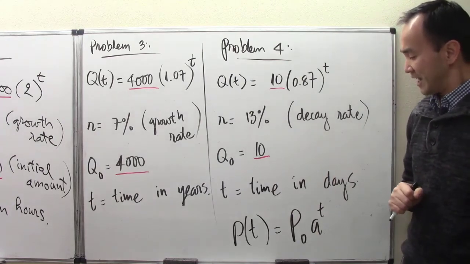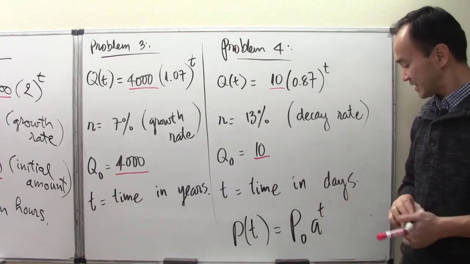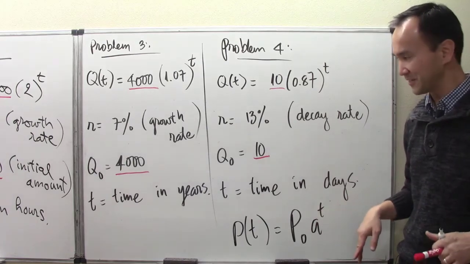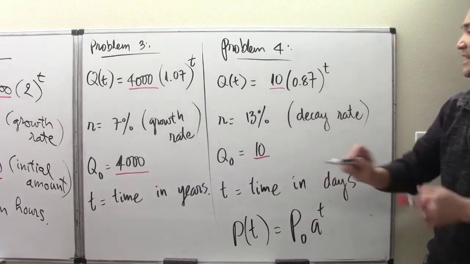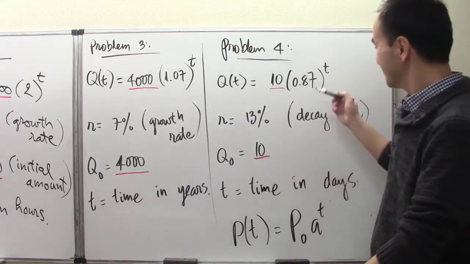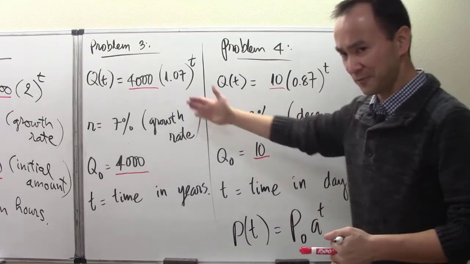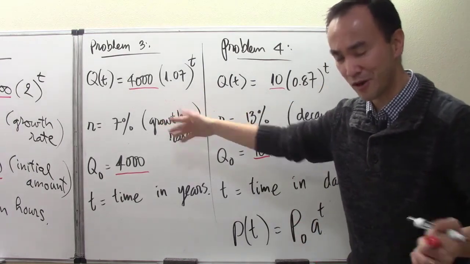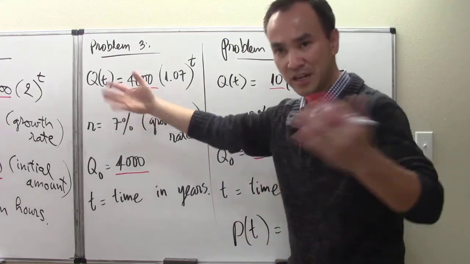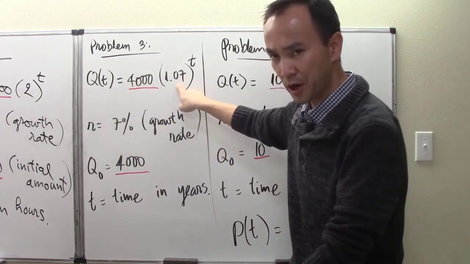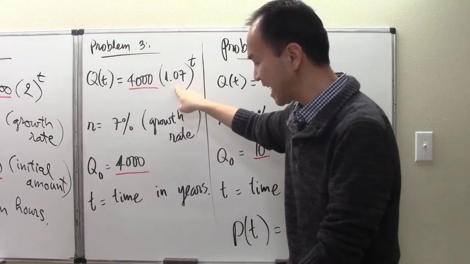Let's put that even further. For now, let's focus on the growth problem, the problem where money was growing, with 1.07 as the a.